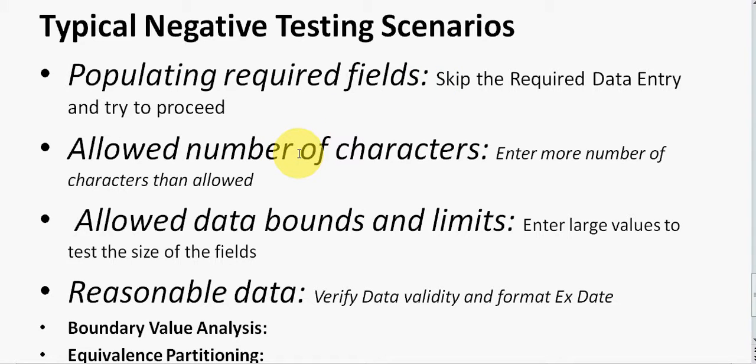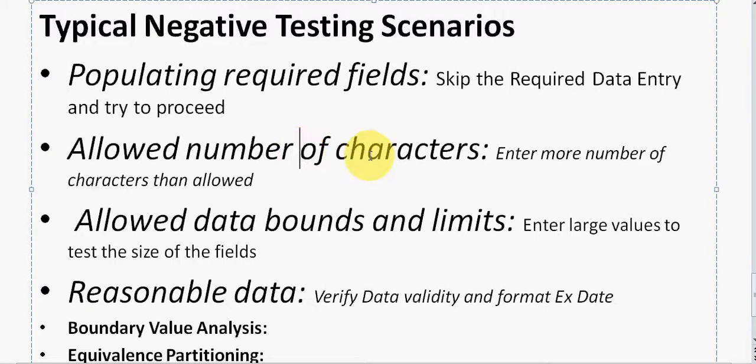Second example, a scenario can be the allowed number of characters. Some fields can take only 2 maximum characters, so you enter more characters and see how it works, or a field takes a minimum of 5 characters or a maximum of 10 characters. So you check for both, and this is where boundary value analysis comes into the picture in this type of testing.